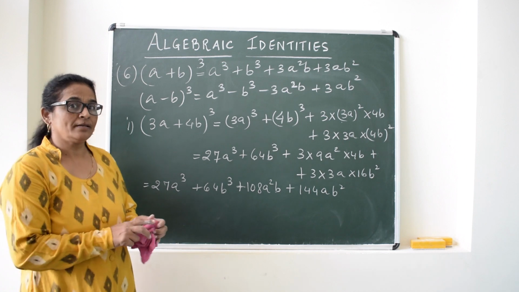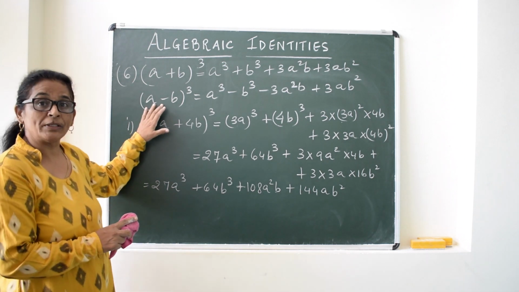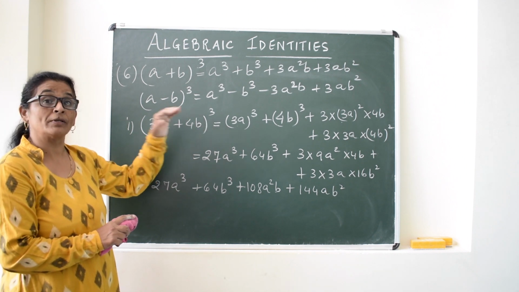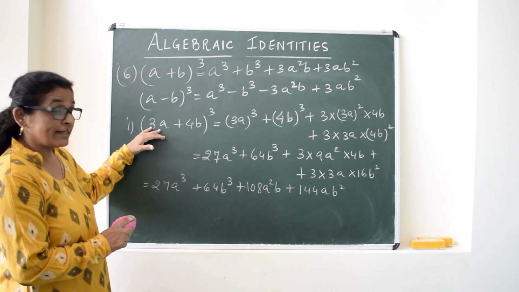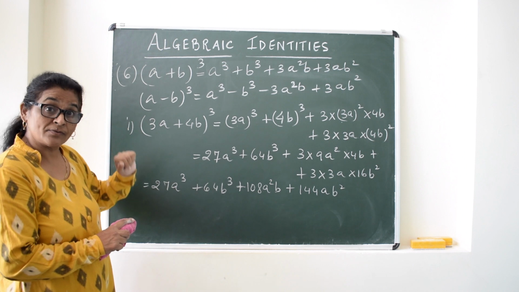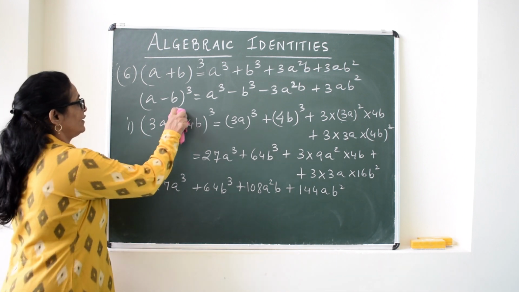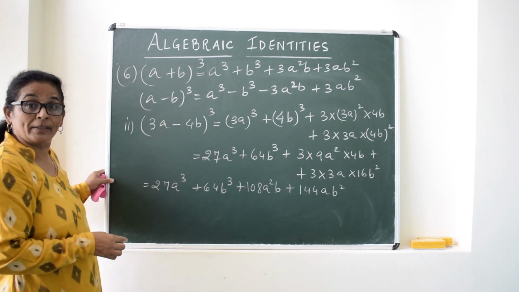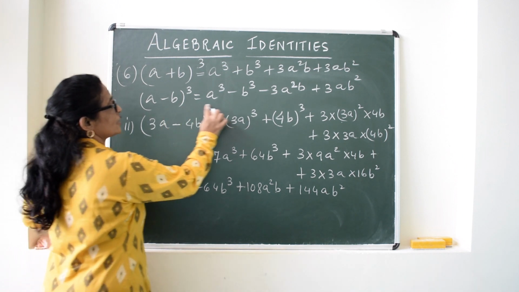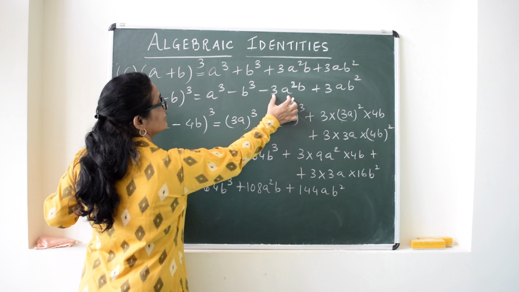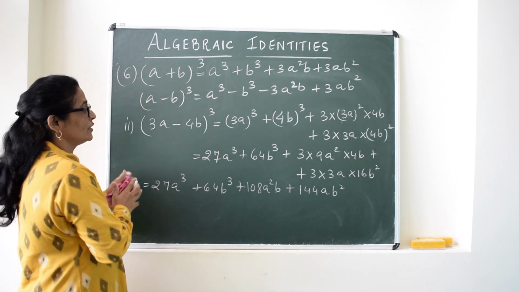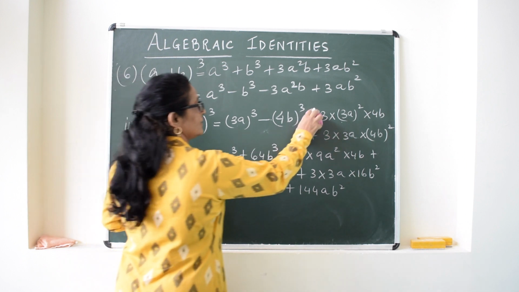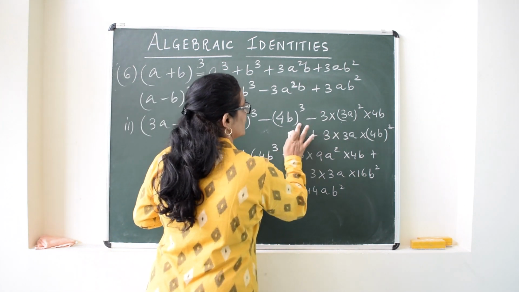Now the same thing we can do with (a minus b) the whole cube. In place of (3a plus 4b) the whole cube, if the question is to write the expansion of (3a minus 4b) the whole cube, then we will write it in the second example. Just see the expansion of this. The second and the third terms should be negative. So what will we write? We'll simply change this sign and this will be minus.